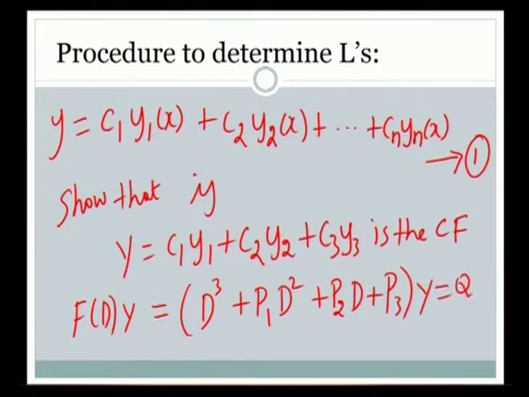This is the first thing we need to do to get the L's. So, we need to show that y = C1 y1 + C2 y2 + C3 y3 is the complementary function of the non-homogeneous linear differential equation given like this.